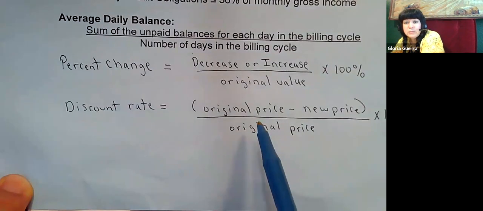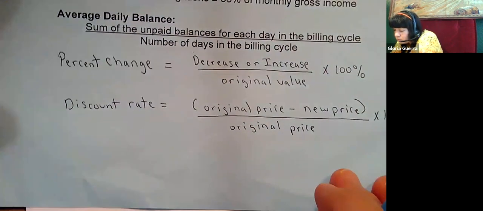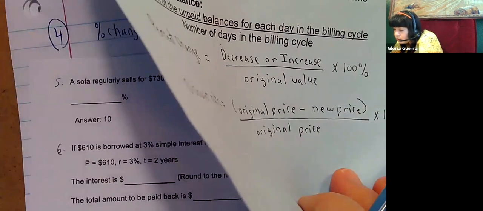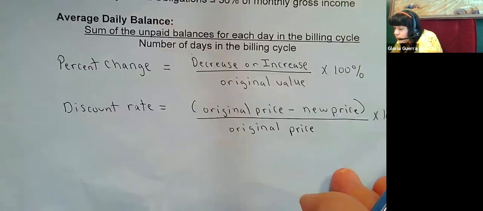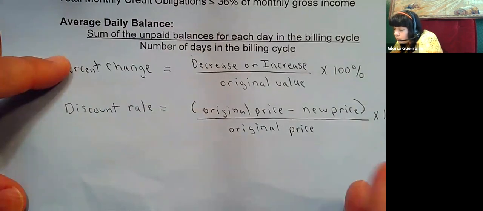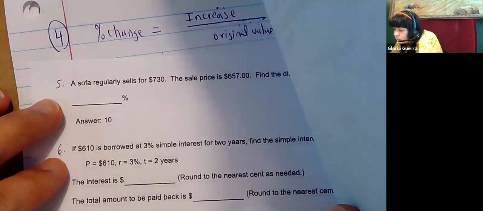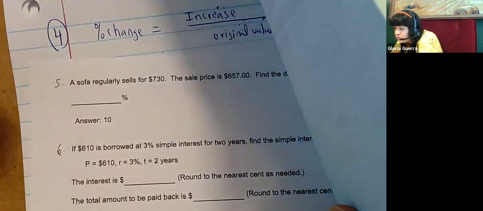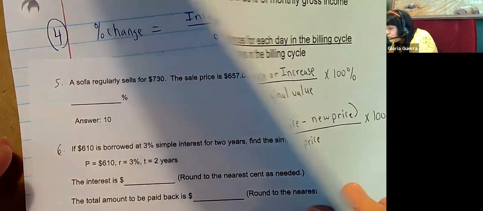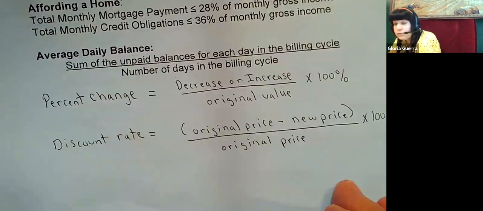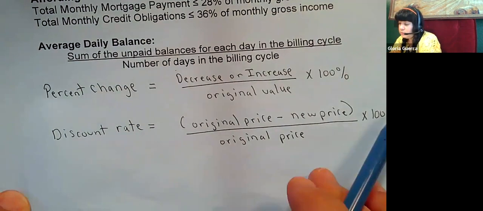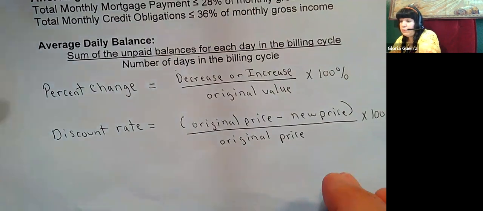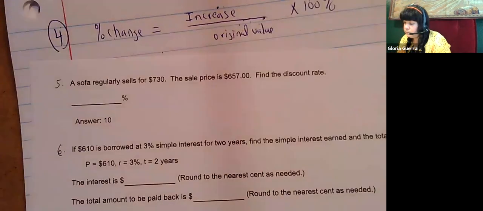It's the original price, so originally the sofa was $730, and then you have the new price, which is the sale price, which is $657, and then you divide it by the original price times 100%. Okay, so I'm going to write down that formula on my paper.